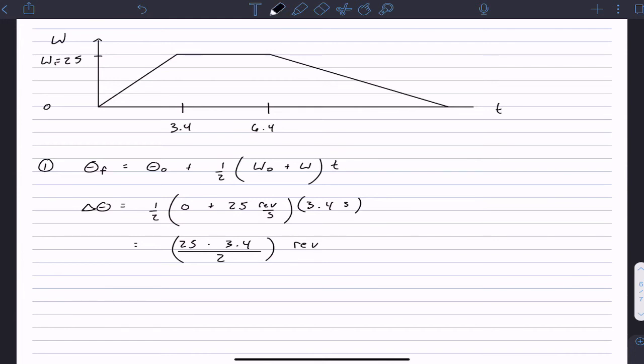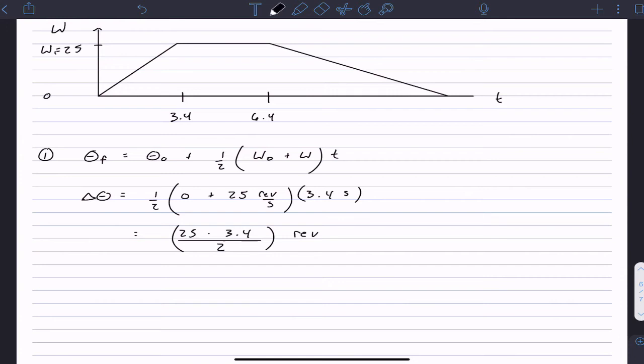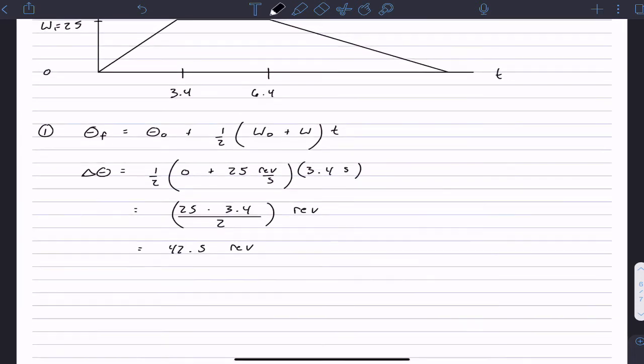We can figure out how many radians we passed through, but I think we're actually just asked to find the number of revolutions total. Yeah. So this gives us a value of 42.5 revolutions in the first phase.